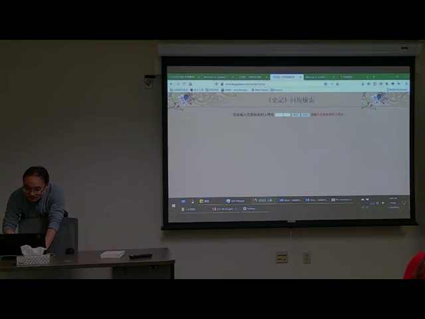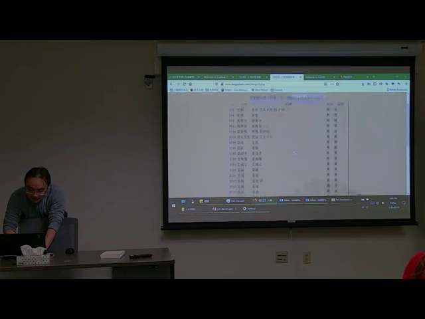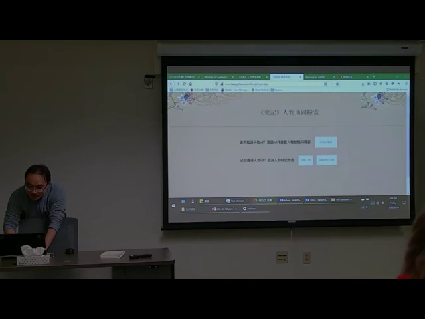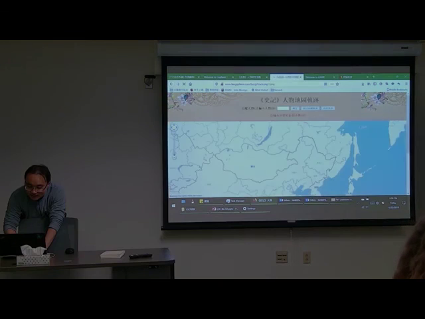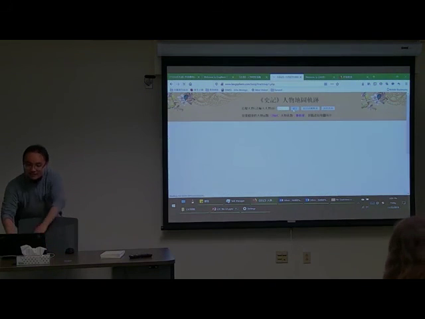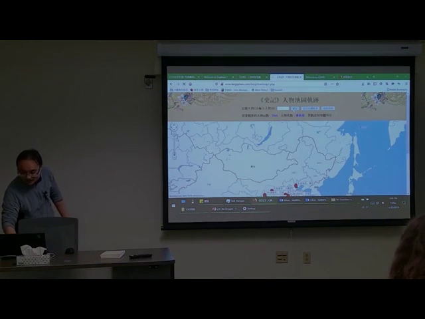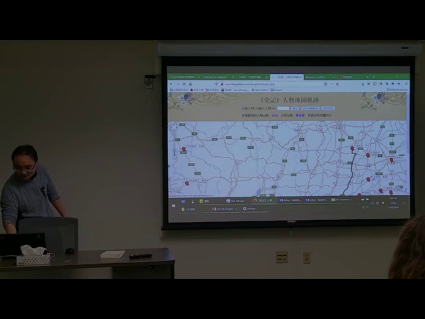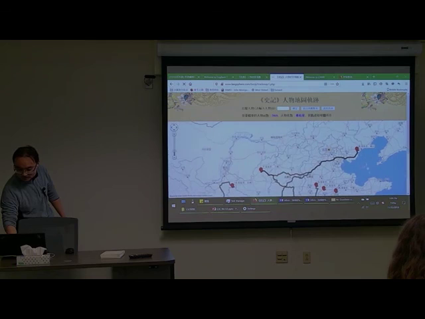The most famous one, I think, is Qin Shi Huang, the first emperor of China. And in this way we can see where he traveled, maybe. Uh-oh, it's still jumping.